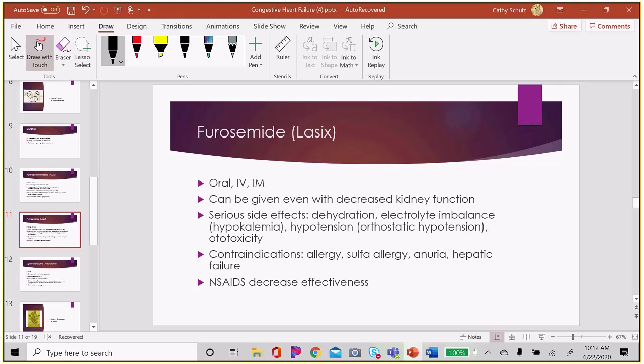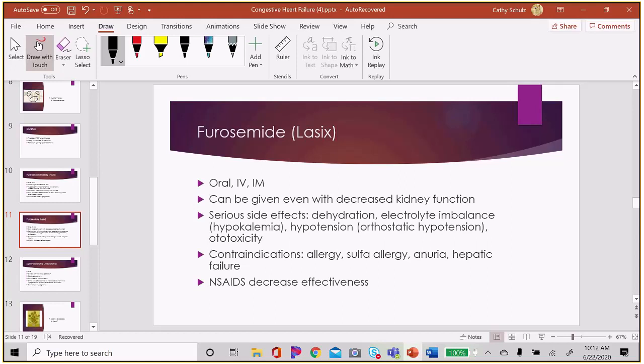If the patient has absent kidney function, so anuria means the patient no longer makes urine, you usually can't give furosemide anymore. But when they have a slightly decreased kidney function or they're just in the beginning of kidney disease, furosemide is helpful because it increases blood flow to the kidney.